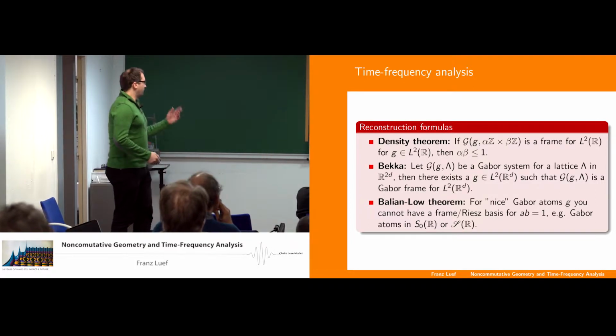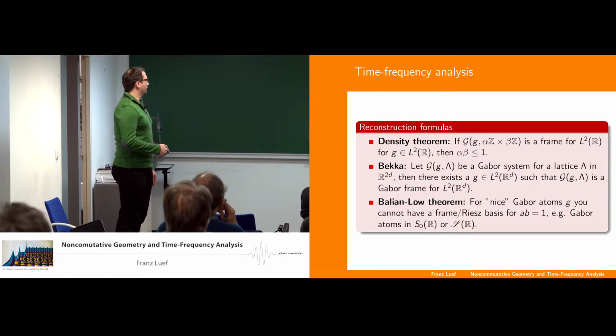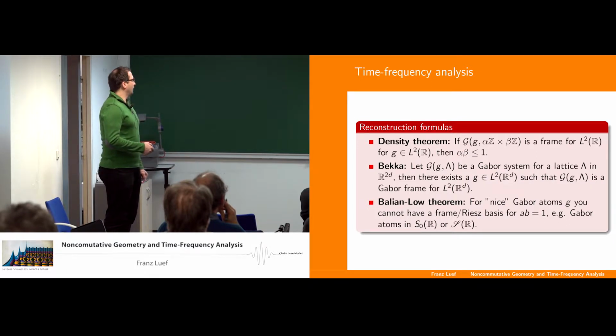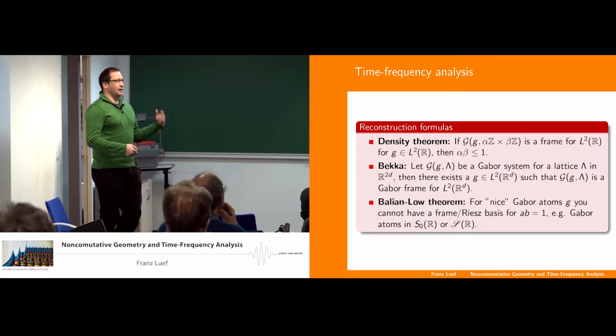So one of the few examples of the main results is the density theorem: if you have a frame, then the density has to be less than or equal to 1. And the result by Baggett that you actually have tight Gabor frames for every lattice, which uses von Neumann algebras.